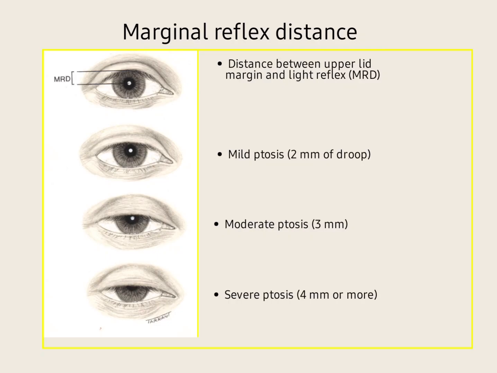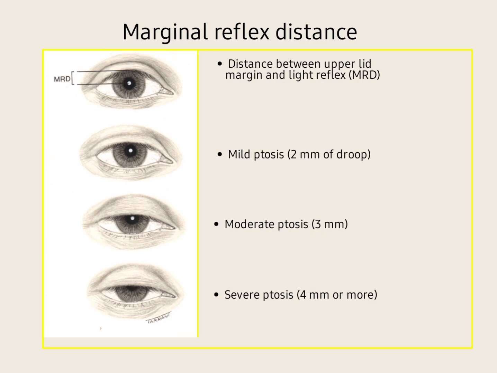In a healthy eye, the MRD, the marginal reflex distance, is approximately 4 to 5 mm, indicating that the upper eyelid margin should rest 4 to 5 millimeters above the corneal light reflex.